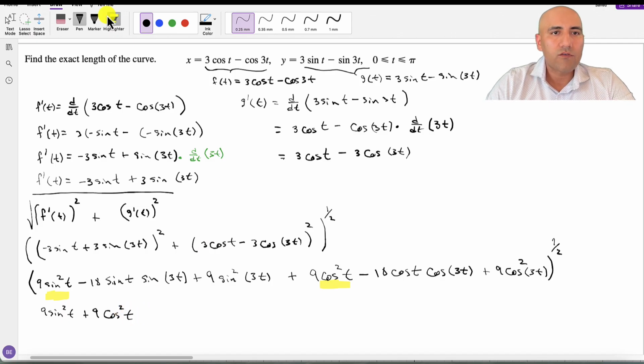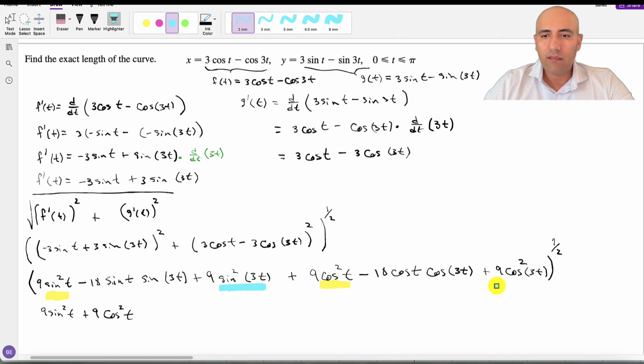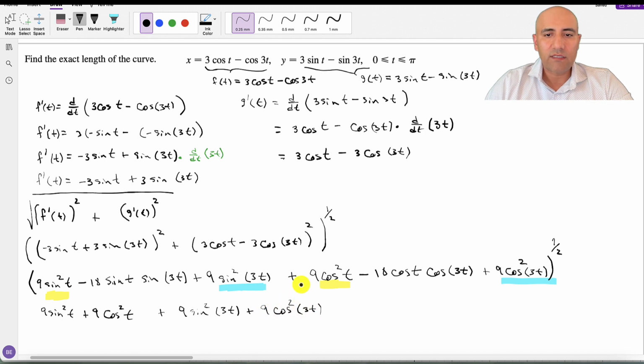And then I also want to bring together the sine squared of 3t and the cosine squared of 3t. Bring those two guys together. So that becomes plus 9 sine squared 3t plus 9 cosine squared 3t. That takes care of those terms.